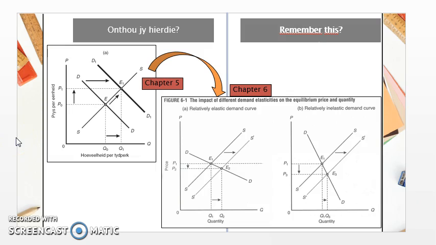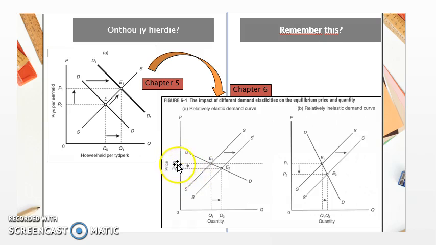So here's an example. In chapter 5 we looked at how demand and supply changed, and how equilibrium price and equilibrium quantity changed as the demand and supply curves adjusted. What we will do with elasticity is ask what the size or magnitude of this change is. Here are two examples of supply.